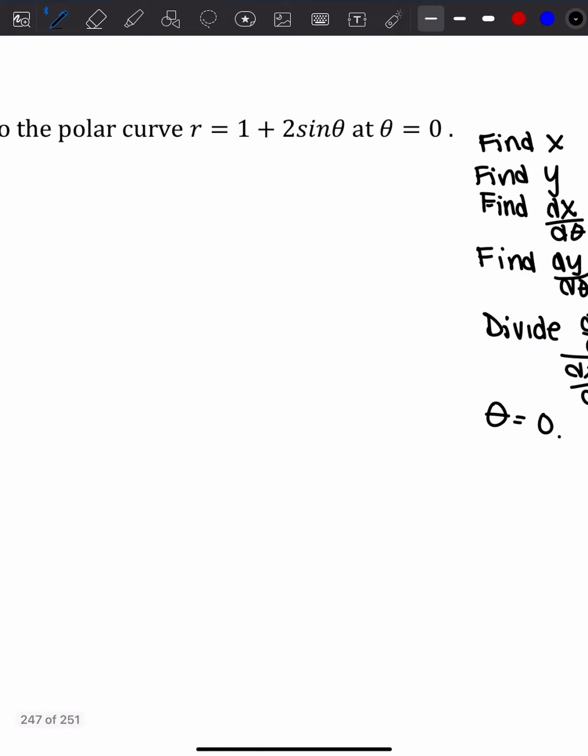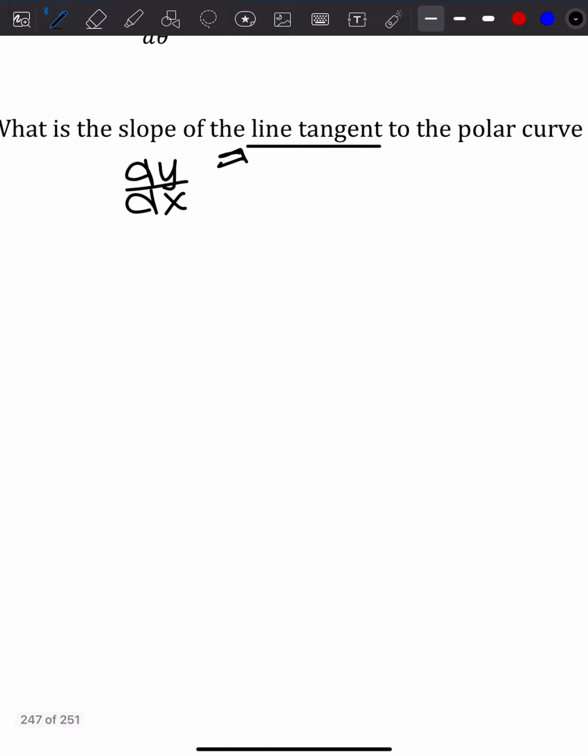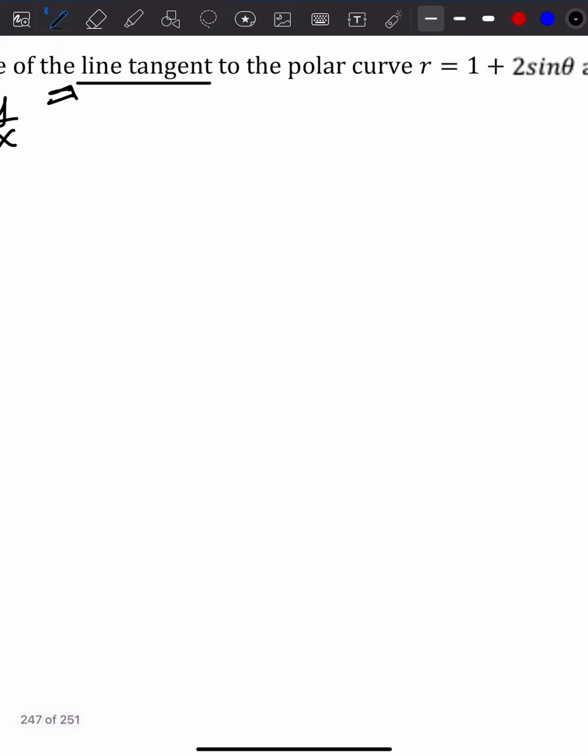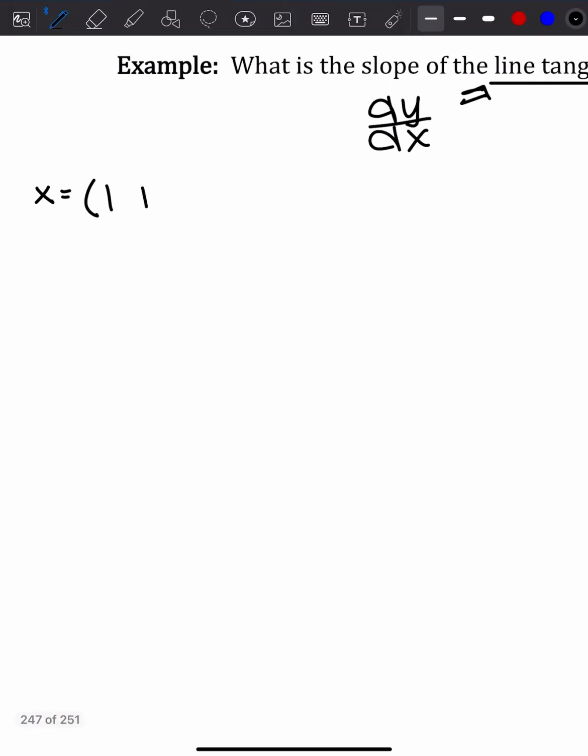So we know that r is equal to 1 plus 2 sine theta. So x and y, we have x is equal to 1 plus 2 sine theta times cosine.